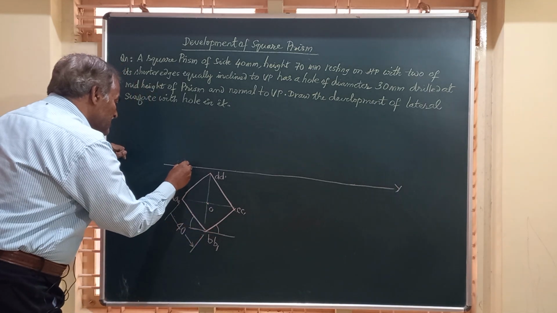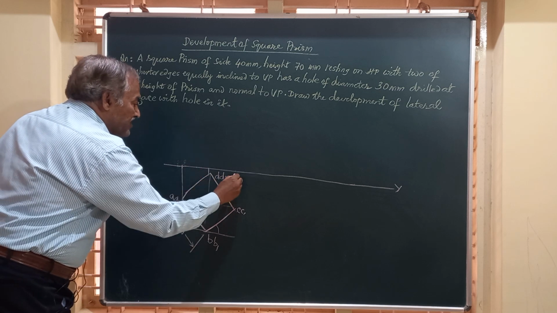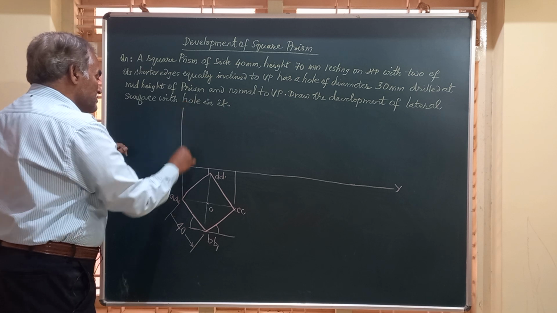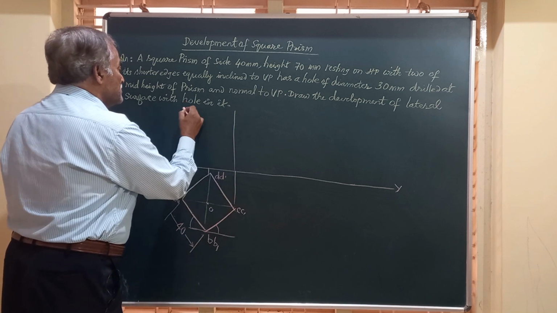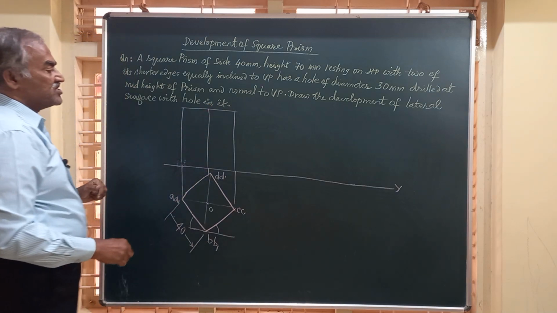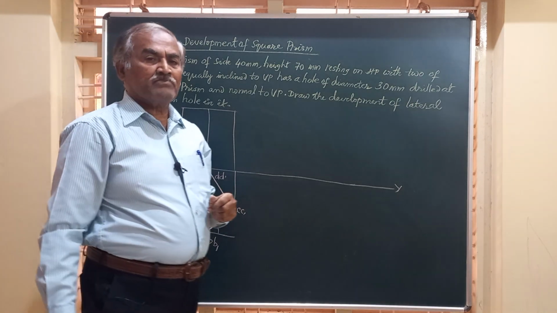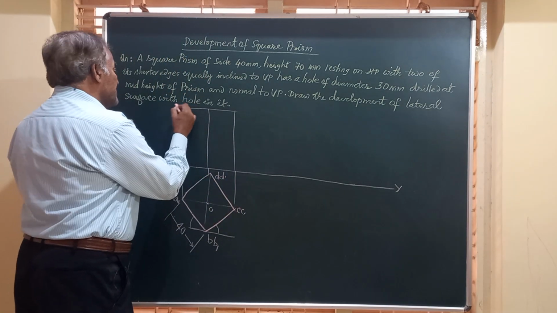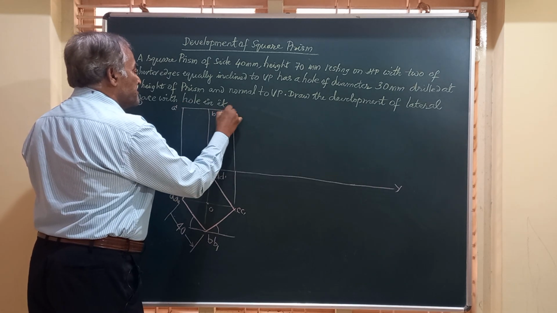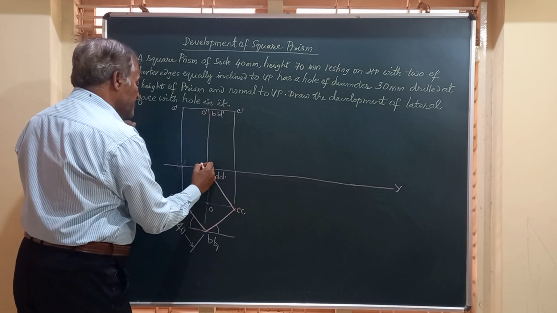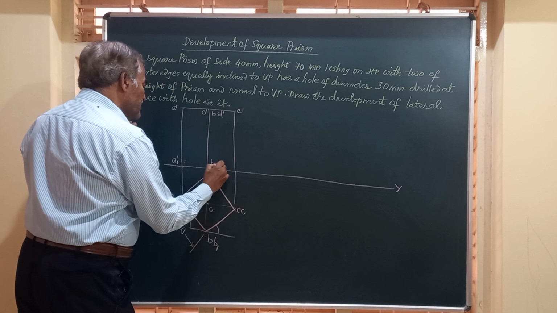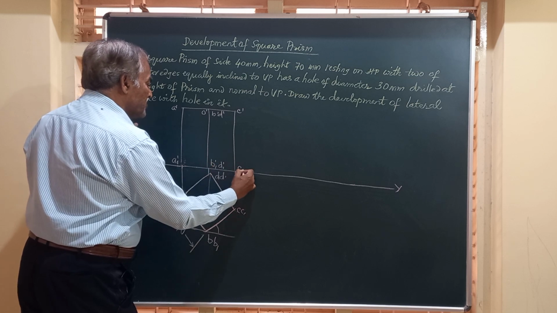Project all these and obtain the front view of this solid. This is how the prism looks in the front view. We'll mark this as A dash, B dash, D dash, C dash, O dash, and O1 dash, and this is A1 dash, B1 dash, D1 dash, C1 dash.